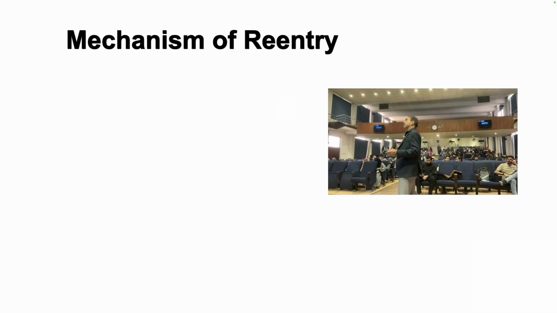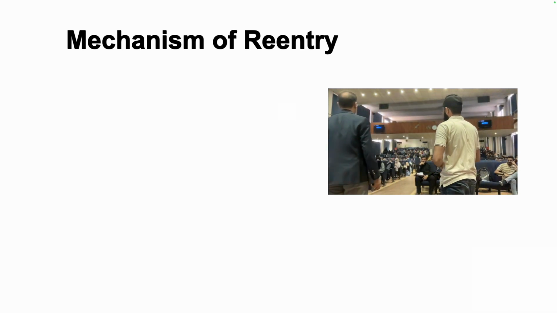Now, the re-entry tachycardias. What's the mechanism of re-entry? Can anybody tell me? How does the alternate conduction result in re-entry? Let's call it circus movements. Good, the start is right. One is the fast conduction pathway. So there are two conduction pathways.